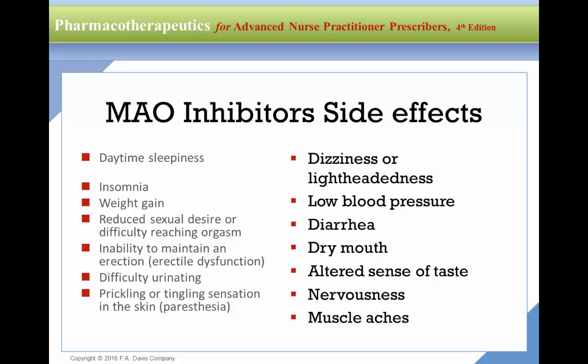But in addition, remember they also have alpha blocker activity, antihistamine activity, and anticholinergic activity when they're not selective serotonin. So they would have dry mouth. They could have psychological jittering, nervousness, agitation, up to even seizures, because TCAs decrease the threshold for seizures.